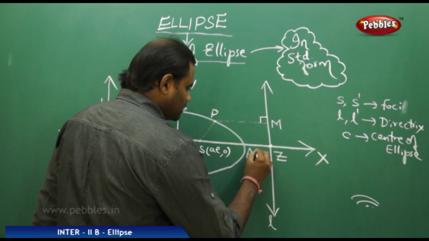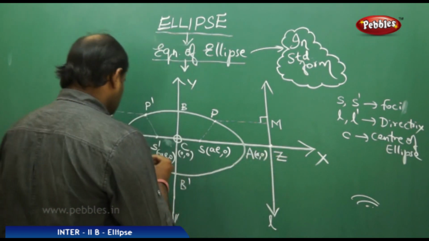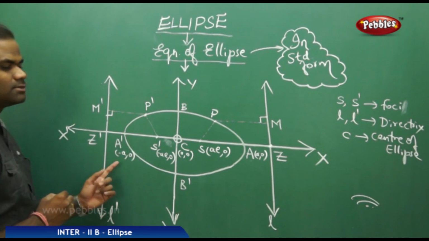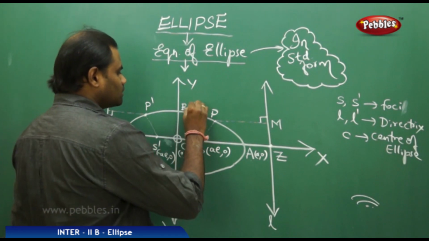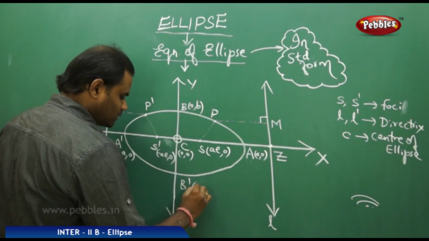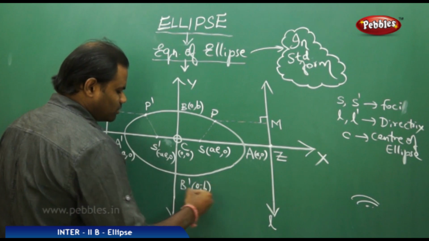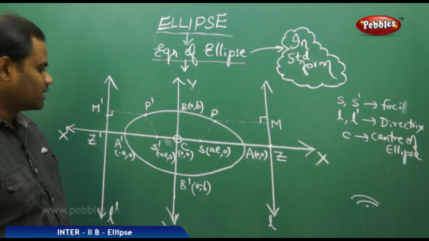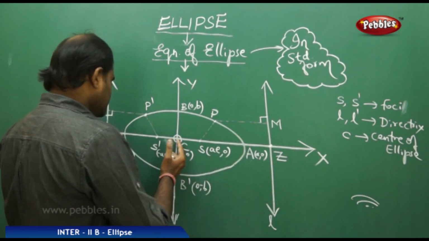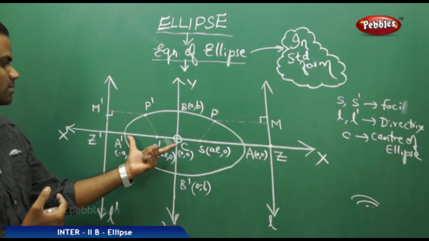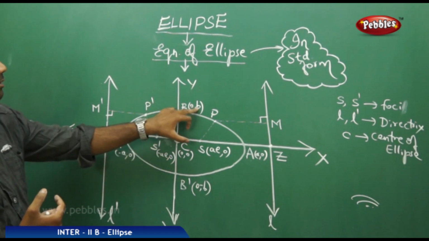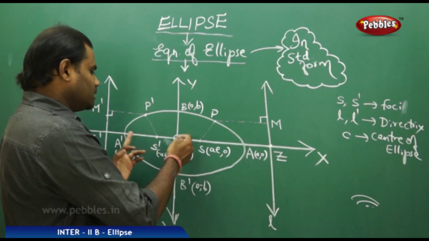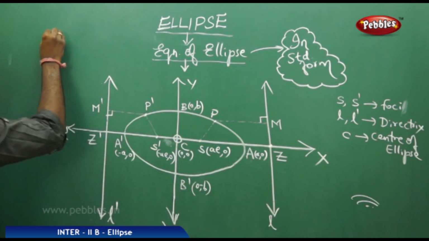And the coordinates of A are (A, 0), and the coordinates of A dash are (minus A, 0). And the coordinates of B are (0, B), and the coordinates of B dash are (0, minus B), because it's down. So this makes me understand that CA is A and CA dash is also A, and CB is B and CB dash also is B, as I can see. So this is A and this is A, so AA dash will be 2A.